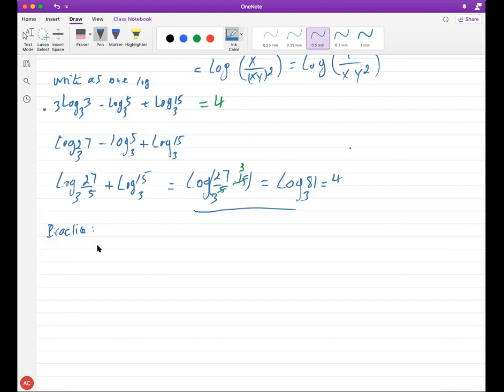So simplify or write it as one log or whatever. Let's say simplify. So let's say log.